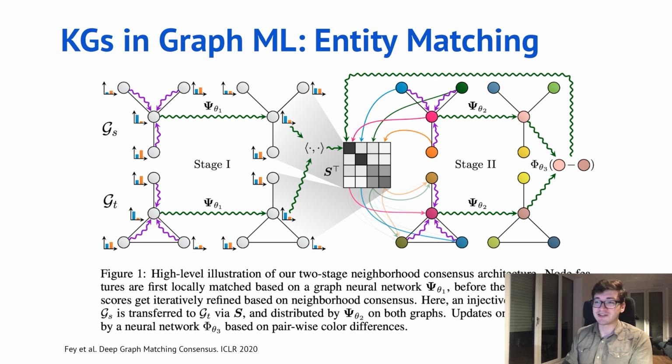So this is also an interesting task for entity matching, and you see here the pretty sophisticated architecture of that recent approach, deep graph matching consensus. It's also 2020 work. It's a two-step approach with source graph and target graph. You have a bunch of GNN encoders.